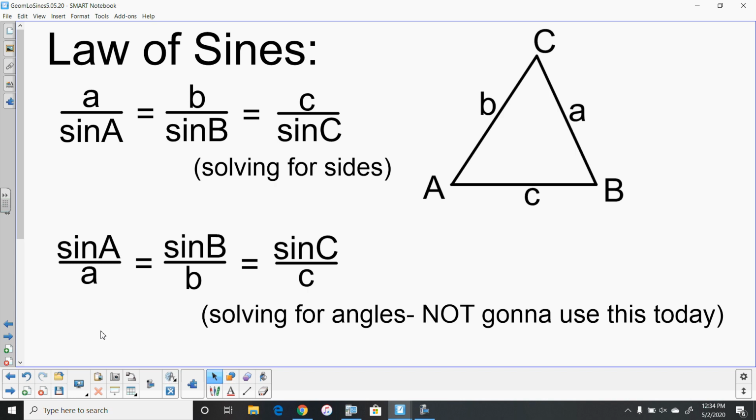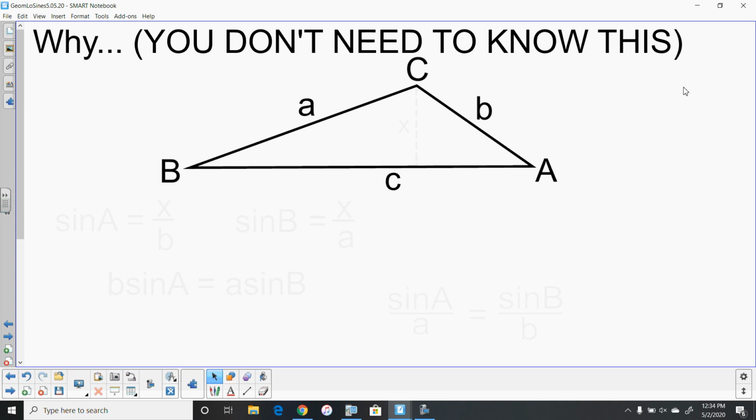Now, if you're someone who likes to ask, how come that works? Awesome, good for you. I'll give you a really brief explanation, but as you see in all caps at the top here, you do not need to know this.